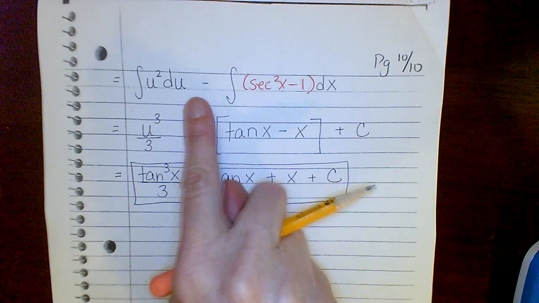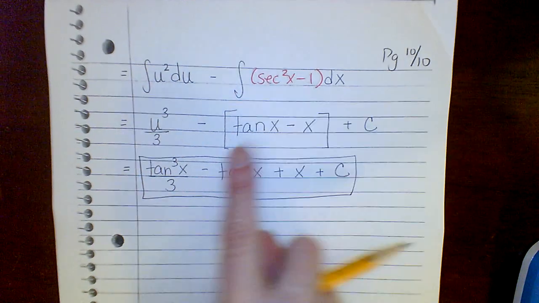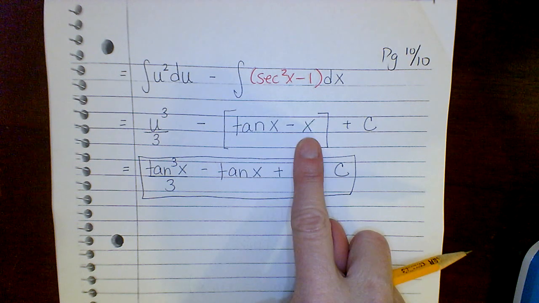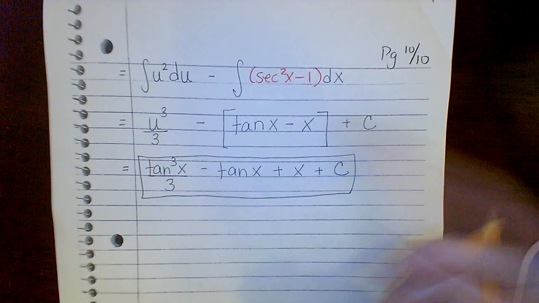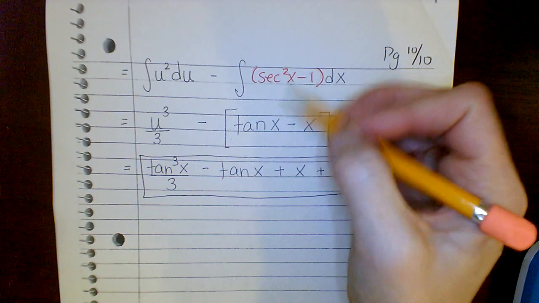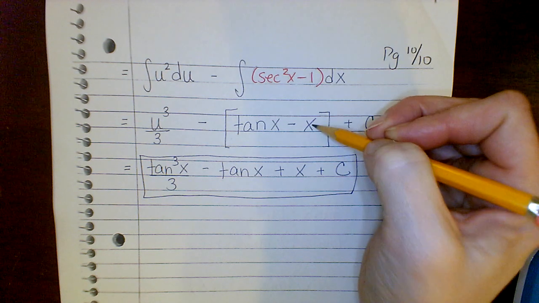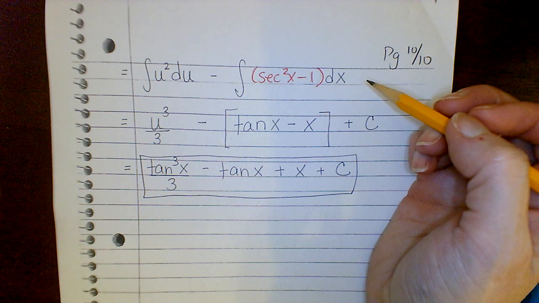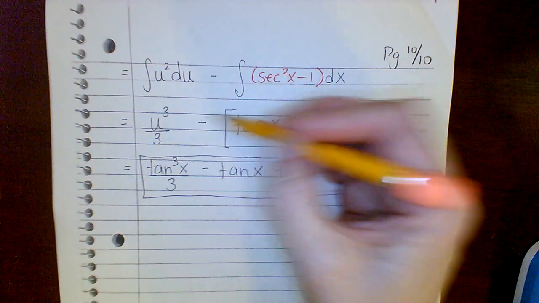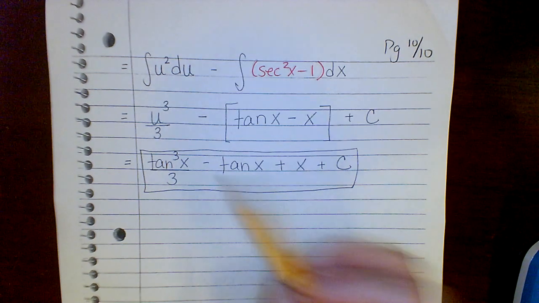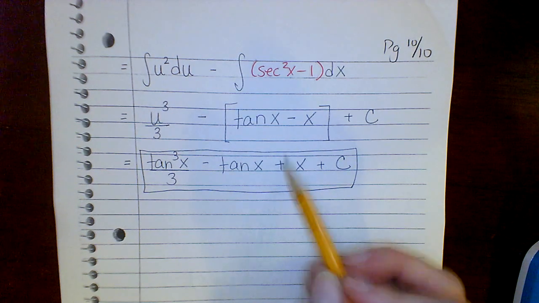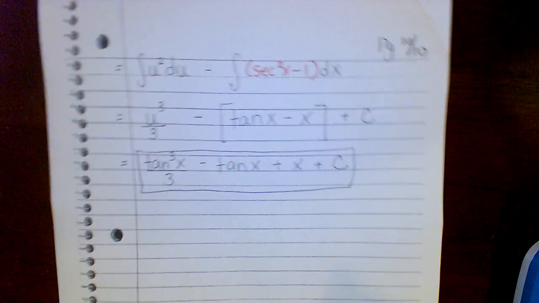So it's for both of these. So that minus is going to get distributed throughout there. The integral of secant squared was tangent, the integral of 1 was x. That subtraction from the Pythagorean identity, and then distributing that minus throughout, is going to make that a minus tangent x and then a plus x plus c.